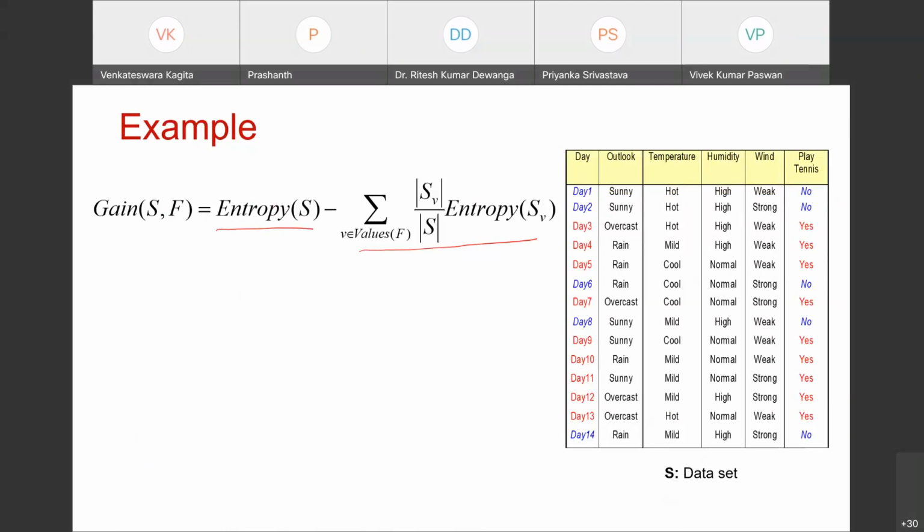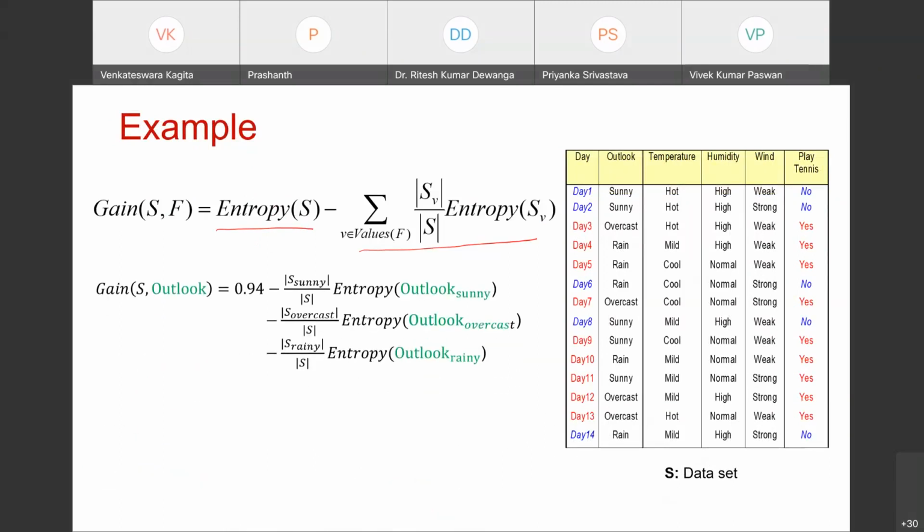So I've computed gain for outlook, which is equivalent to entropy of S, which is 0.94, minus the fraction of sunny examples times entropy of outlook equal to sunny, and the fraction of overcast examples times entropy of outlook overcast, and the fraction of rainy examples times entropy of outlook equal to rainy. These individual things we have already computed.